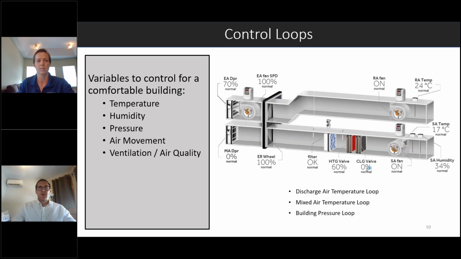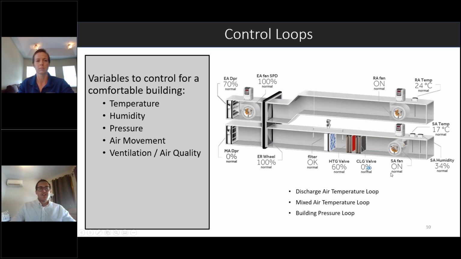So starting with a simple loop, we can just look at a discharge air temperature loop. If we were trying to maintain this 17 degrees Celsius discharge air temperature, we'd be modulating these valves on the heating and cooling coil as needed to hit that discharge air temp. It looks like here it's doing some heating to maintain that discharge air temp.